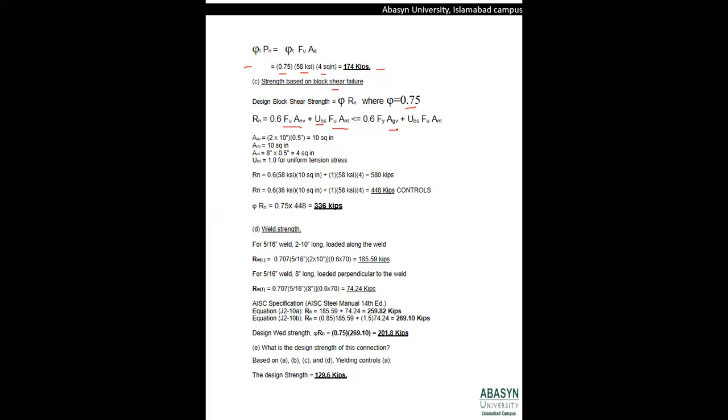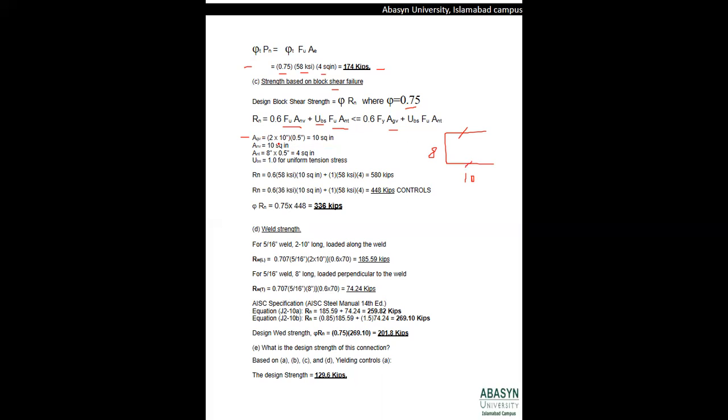So for this particular problem, Agv, that is the gross vertical area, becomes 2 into 10 inches, because we have two welds, each with a length of 10 inches, and the transverse length is 8 inches. So we have two welds, one on the upper side and one on the lower side.